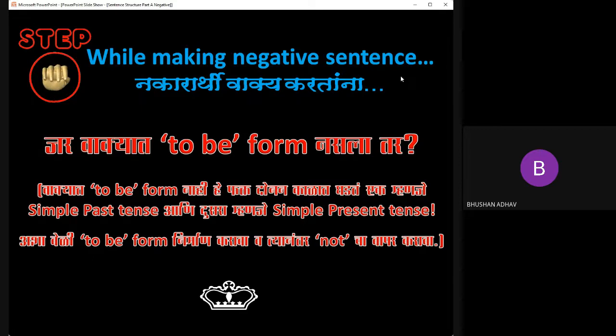For example, she went to college. Now with went, I want to add not, but there is no to be form. So create it, because it is simple past. Use did. She did not. Now you are not allowed to use the past form. Take it basic: go. She did not go to college.